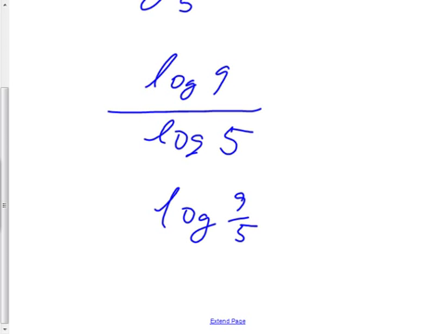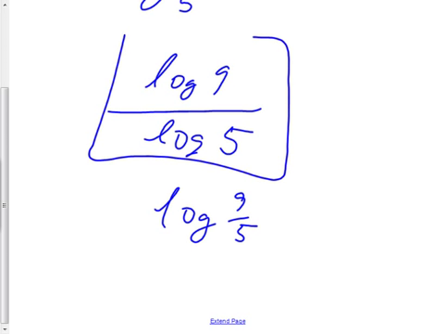So this problem is like, what would you type in the calculator? If the question is, what could you enter in your calculator, then log 9 over log 5 makes sense. Log of 9/5 might also work. Don't know. I think we should find out right now.